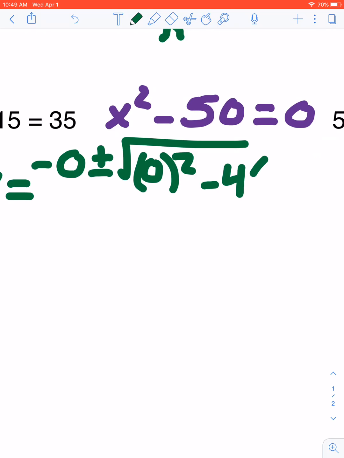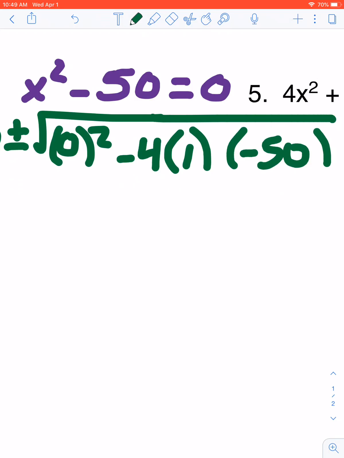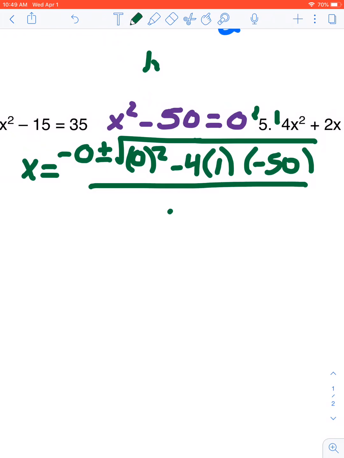Minus 4 times a, 1, times c, negative 50, right? All over, and this is what sometimes people will forget, they will forget to put this whole thing under 2a. So the whole thing is divided by 2a, not just parts of it, okay?